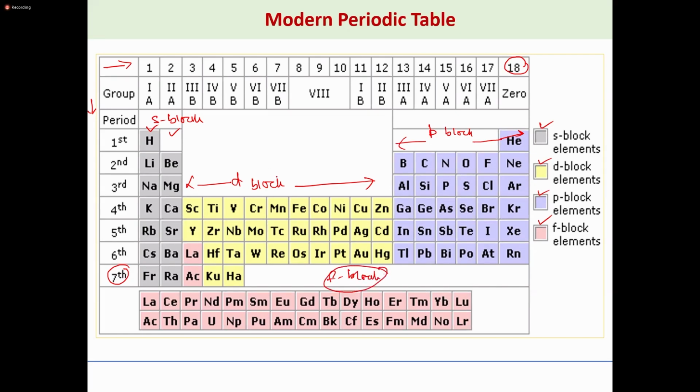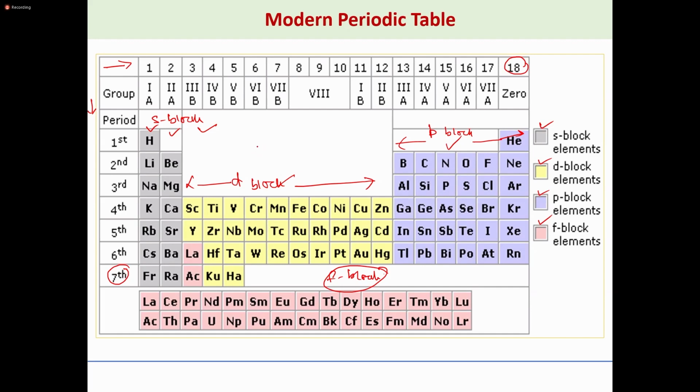So whatever elements are present here have been classified into the four blocks: S, D, P, F. How have they been classified? We will learn later. Atoms have S, P, D, F orbitals, so the last electron of an element is present in which orbital? Based upon that, the element has been classified as an S block, D block, P block, or F block element.